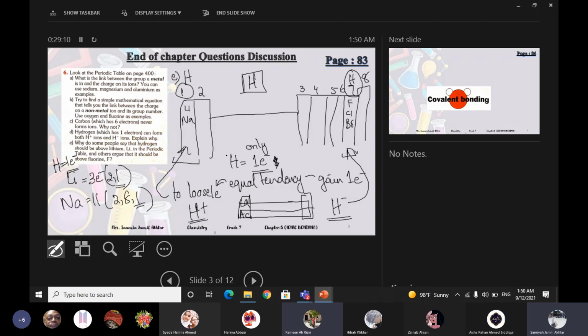If they put these 2 rows in the middle in the actual periodic table, then the periodic table will be too long. So to keep it short, they took these 2 rows and put them at the bottom. Otherwise, they are part of the transition metals.